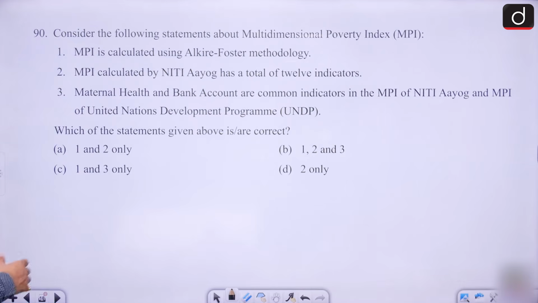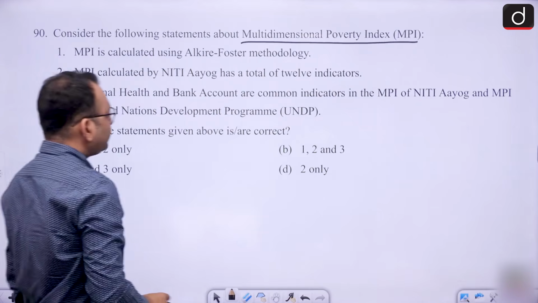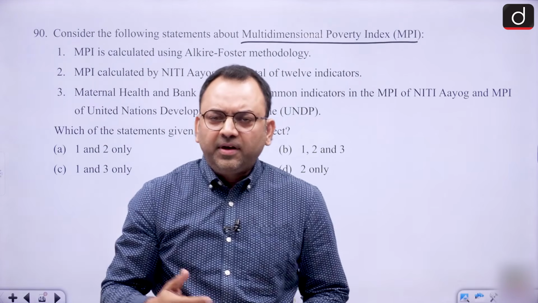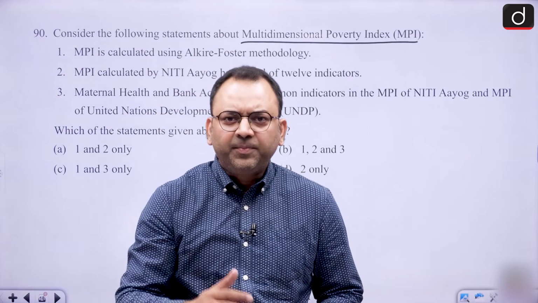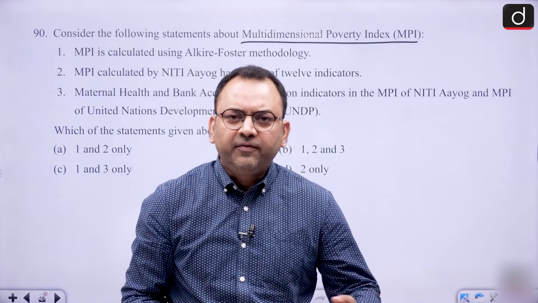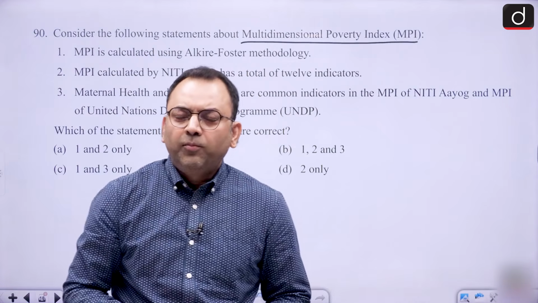The last question we have, friends, is about the Multidimensional Poverty Index, MPI. Friends, initially in post-independence India, we used to measure poverty by income or expenditure method, how much money you spend in a given month, in a given year, in a family. That is a single indicator based poverty estimation.